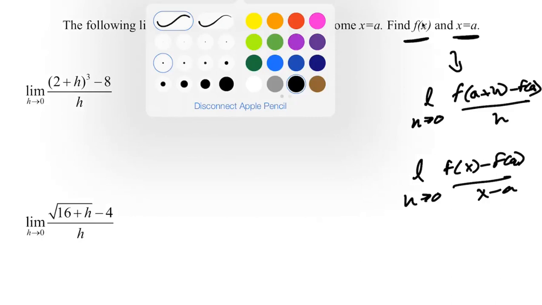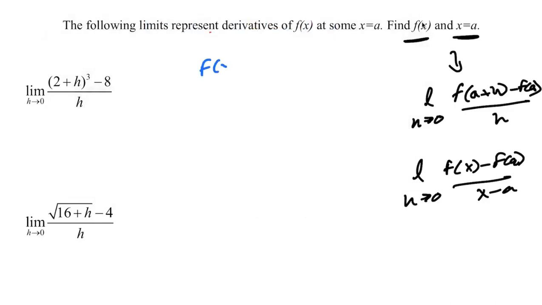Again, what we're trying to do is find f of x, our original function, and a, where we're finding it at. If you look at these first two here, they match the top version of a derivative.